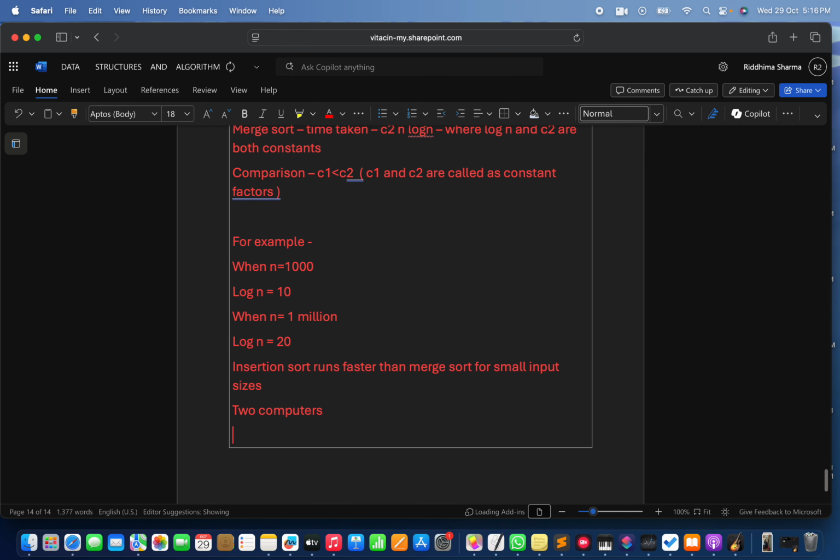The first one is computer A, and the second one is computer B. Computer A is running insertion sort, and computer B is running merge sort.